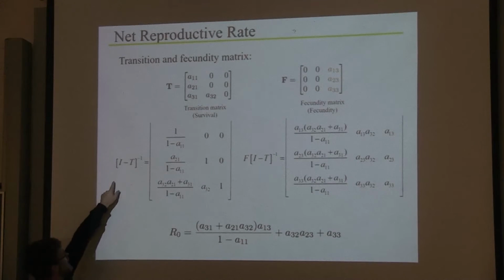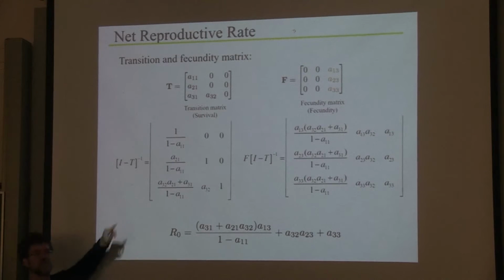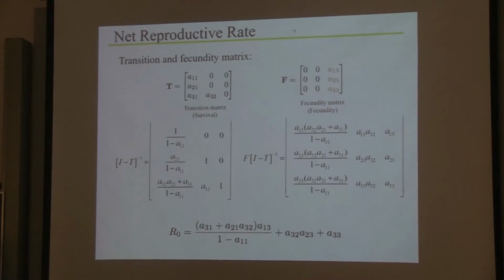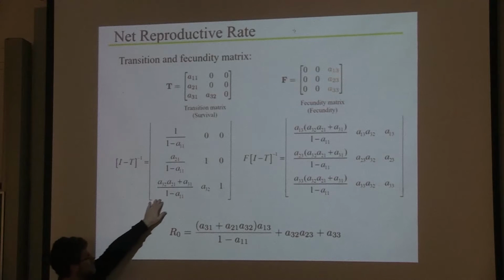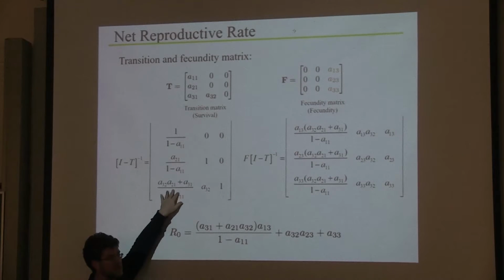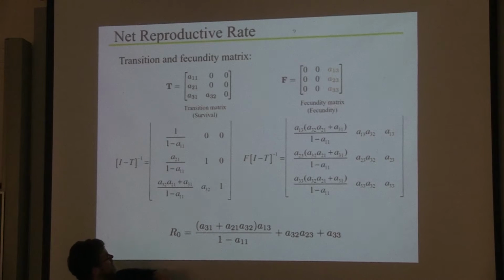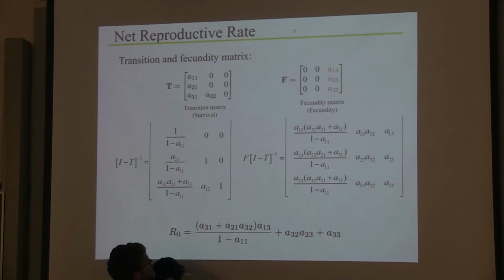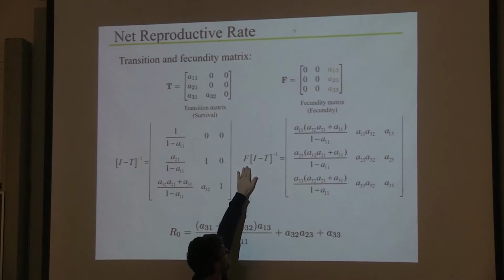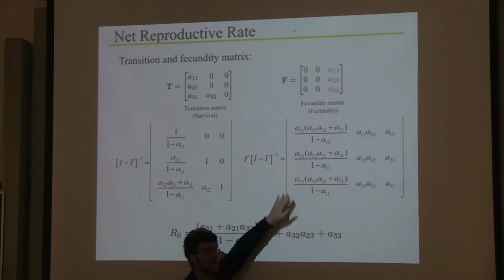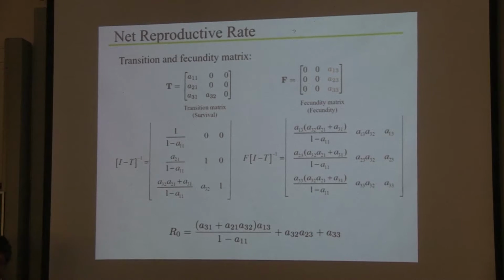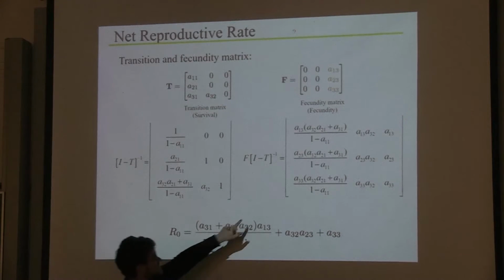So we take I minus T inverse, and we just do this through row reduction and so forth. And then we have our F up there. And then we have F times I minus T to the minus 1. The interesting thing is it turns out to be a singular matrix.